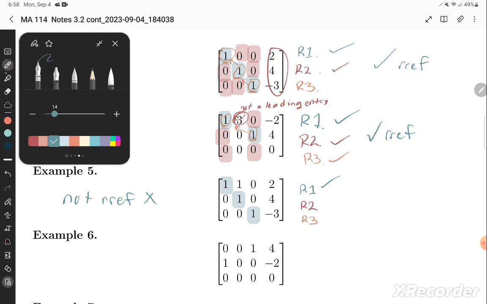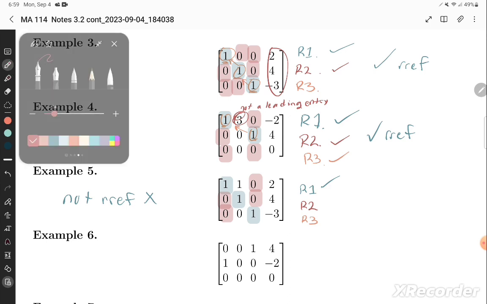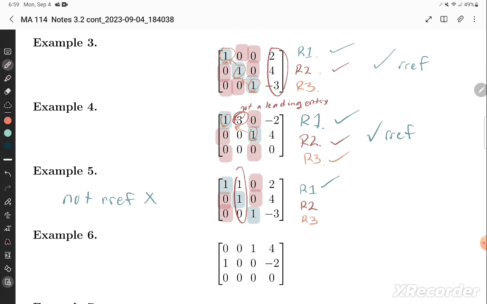Now let's check R2. If I check R2, okay, I've got non-zero here, I've got non-zero here. However, for the second row, I've got a non-zero here, but if I look at this top entry, this is not non-zero, so it breaks R2.